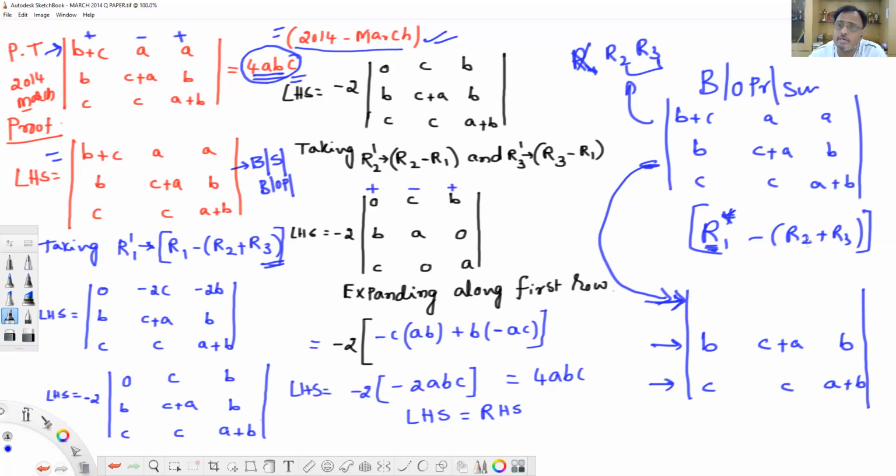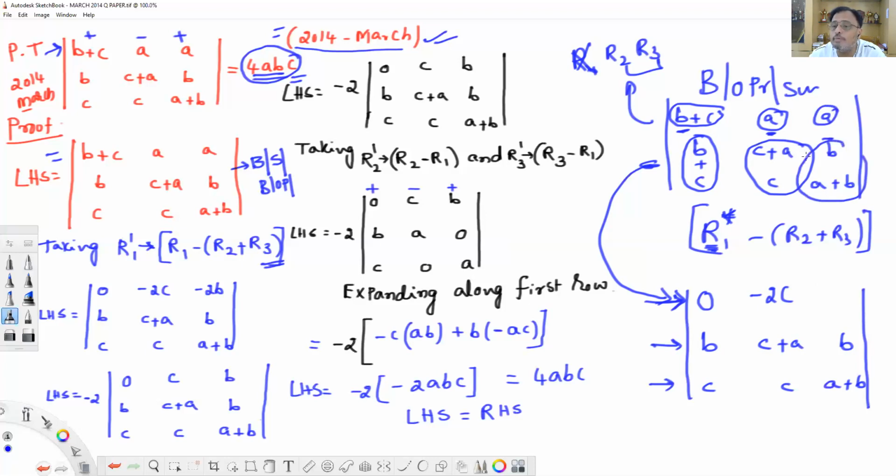So R1 minus R2: B plus C minus B plus C will become 0. Here, A minus C plus A minus, look at it, A minus C plus A plus C. That means A minus 2C minus A gets cancelled, minus 2C. And A minus 2B plus A minus 2B, that is minus 2B.